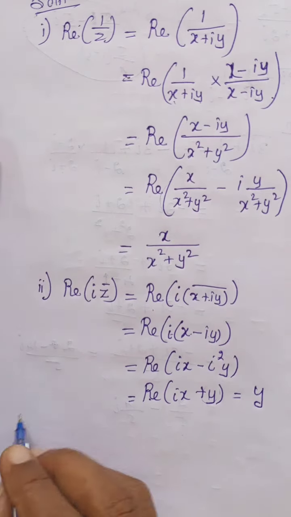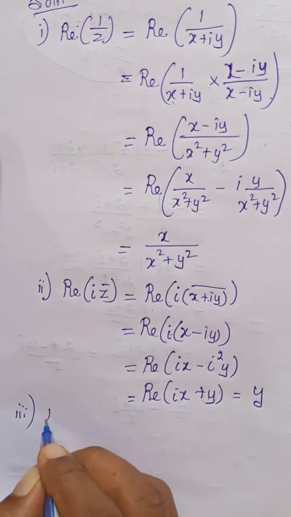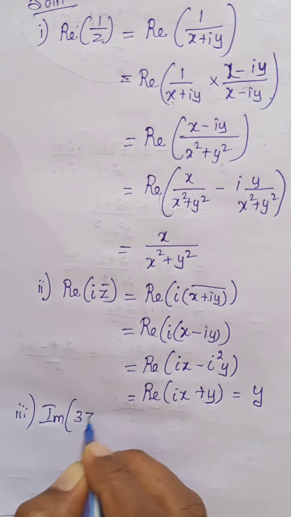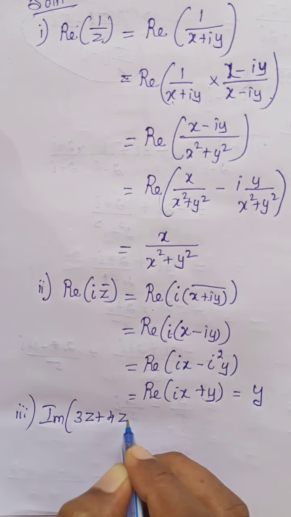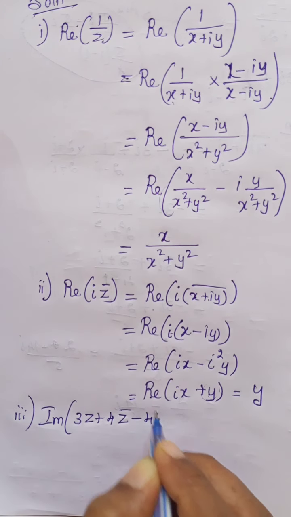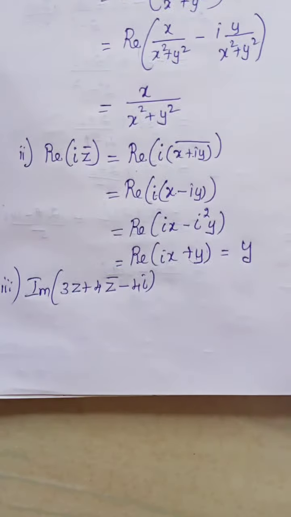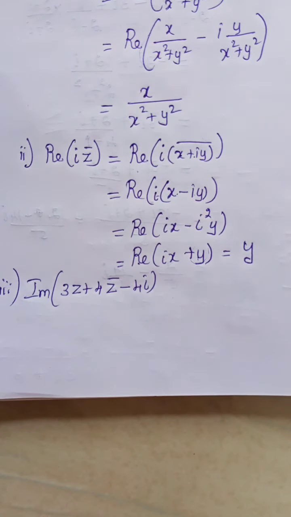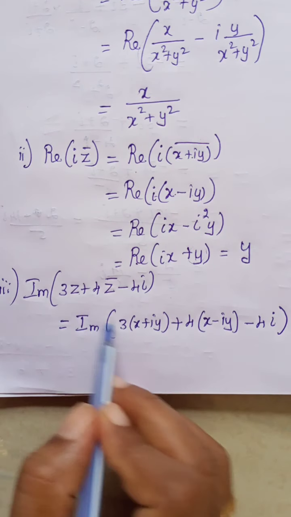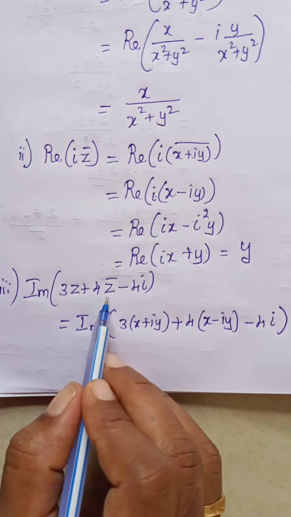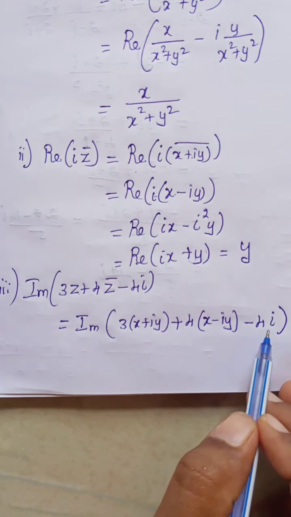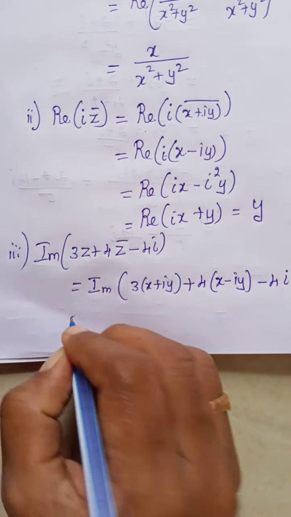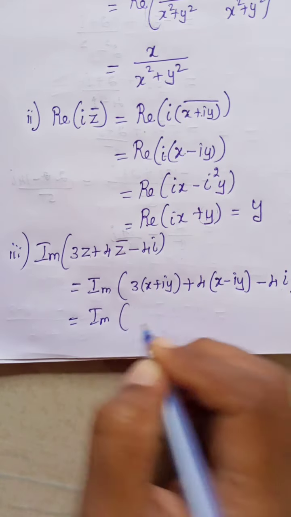Is that clear? Now the third subdivision is the imaginary part of 3z plus 4z bar minus 4i. See, 3 into z, x plus iy, plus 4 into z bar, x minus iy, minus 4i. Simplify first and then we can write that.